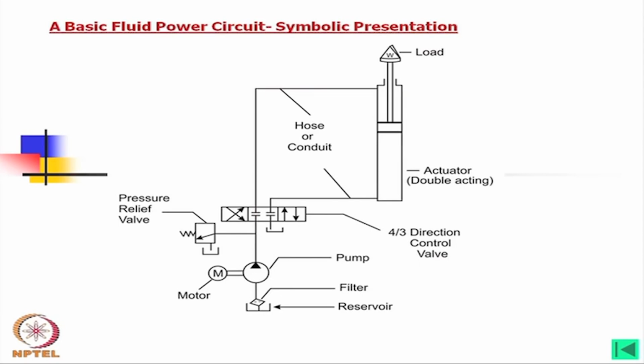Then there is a pressure relief valve, there is a pump, the motor, filter and reservoir. Now, actual components are different from this, but we present the whole system by a circuit and here the symbols are meant, not the size.